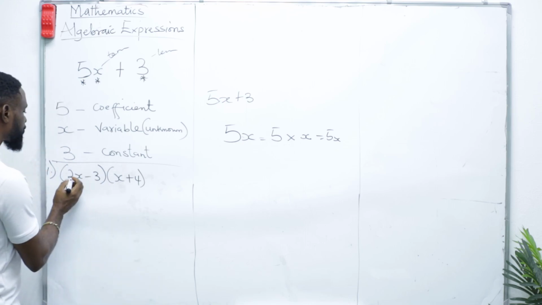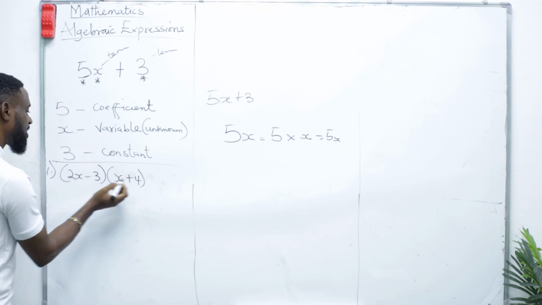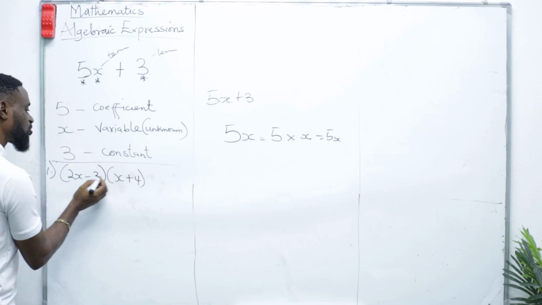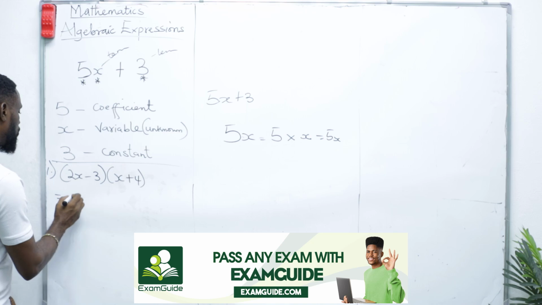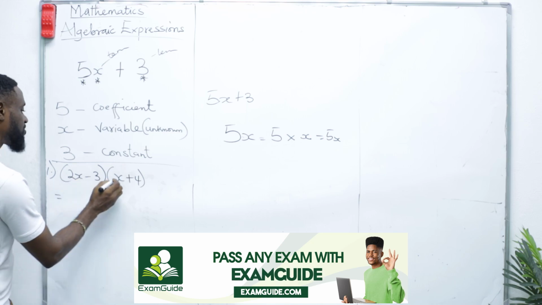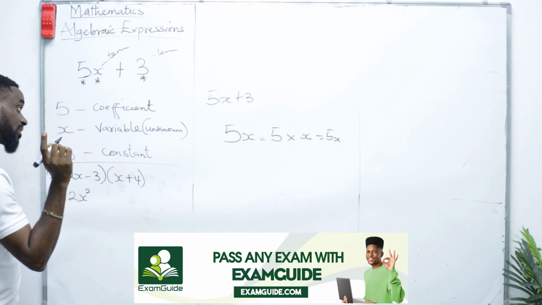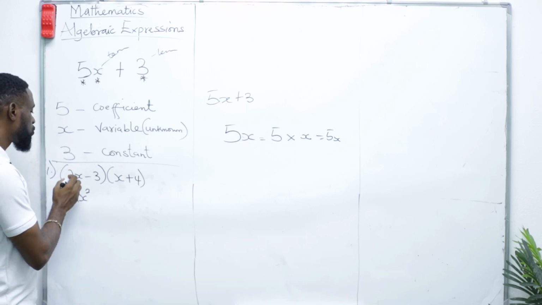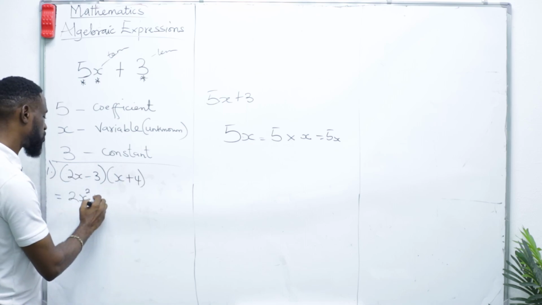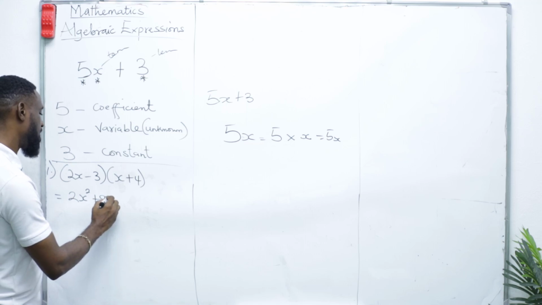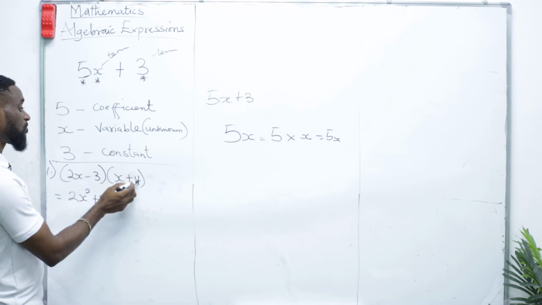So this will multiply this and also multiply this. Then this will also multiply this and also multiply this. This is how to multiply in brackets, okay? So this will be equal to 2x times x, which is 2x squared. Then we'll have 2x times plus 4, which is plus 8x, because 2 times 4 is 8.